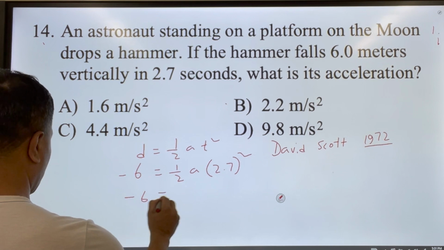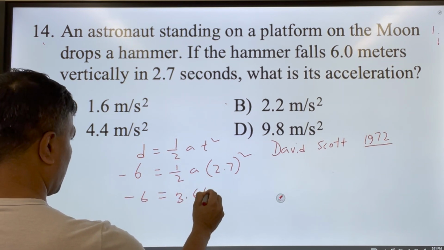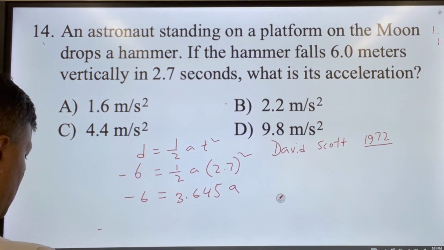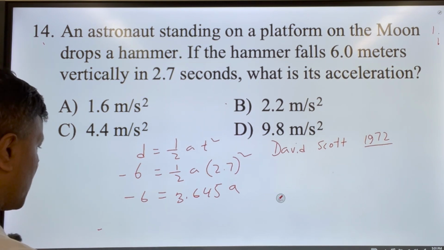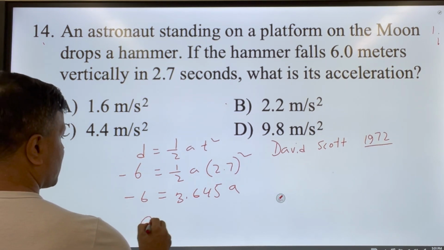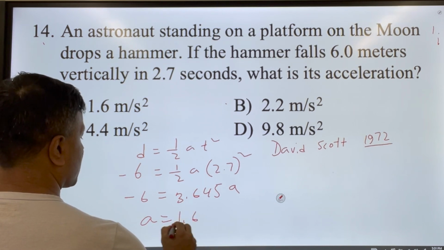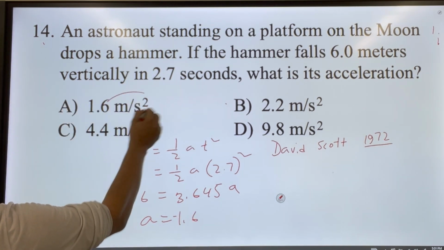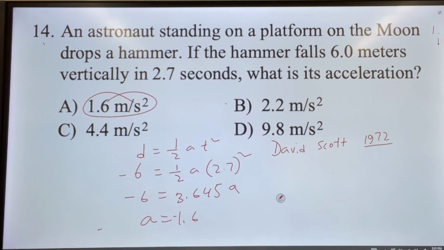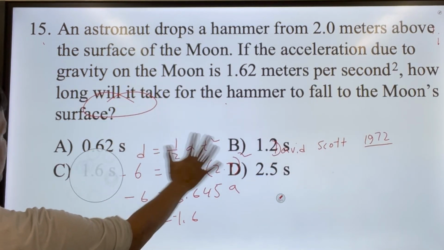So negative 6 is equal to 3.645 a. So 6 divided by 3.645 is 1.6. So acceleration due to gravity on the moon is 1.6. All right, so we are talking about the moon, we are talking about David Scott, we are talking about 1972. And that takes us to 15.